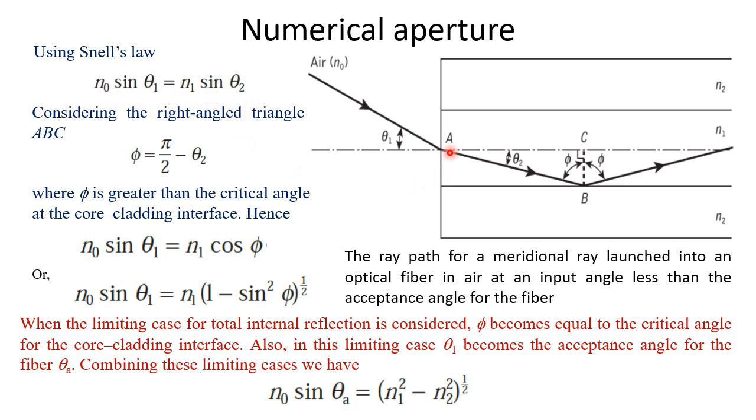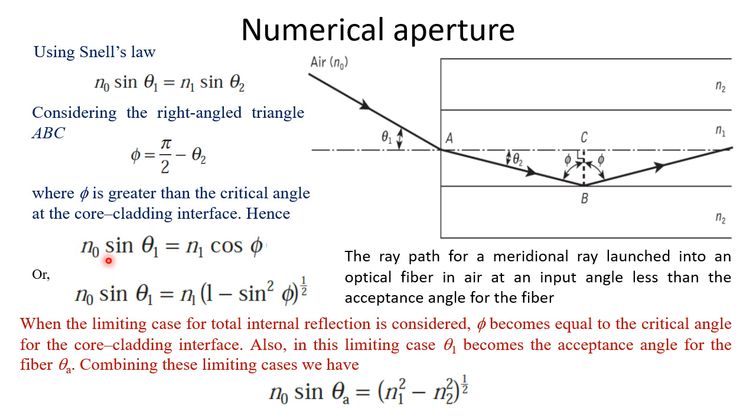Now if we consider this triangle, right angle triangle ABC, this is 90 degree, and this is theta 2, right? So phi equal to pi by 2 minus theta 2, where phi is greater than the critical angle at the core cladding interface.